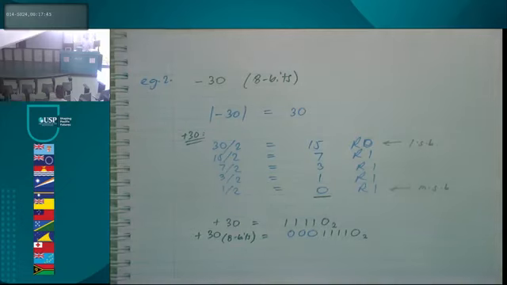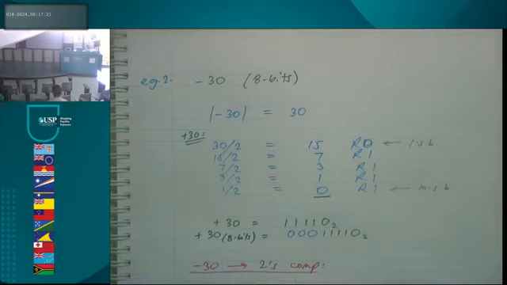Now, how do we go and get negative 30? Let's now attempt the problem for negative 30 in 2's complement. How do we do that? Well, we take our positive 30, let's pull a dotted line over here.